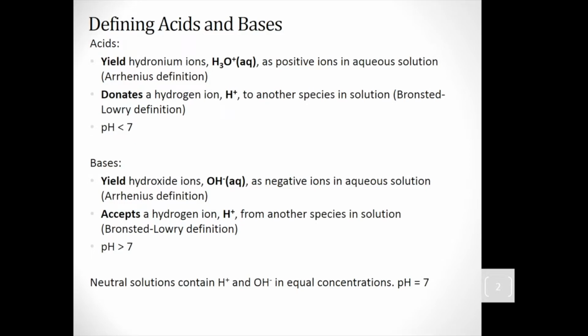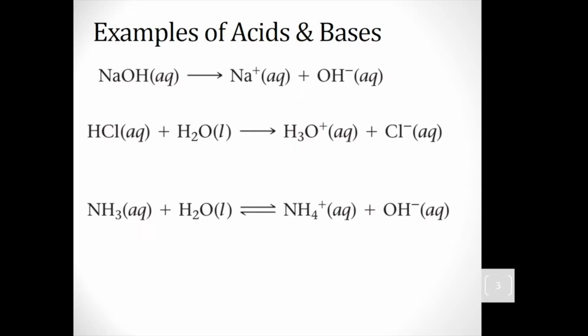Equal to 7 means that it's a neutral solution, which means it has H+ and OH- in equal concentrations. For every acid-base reaction we do, the solvent is going to be water, so we are dealing completely with aqueous systems.